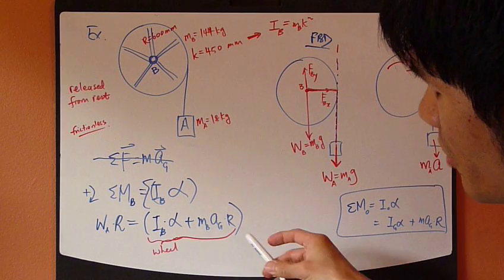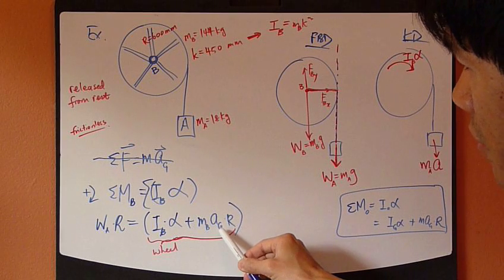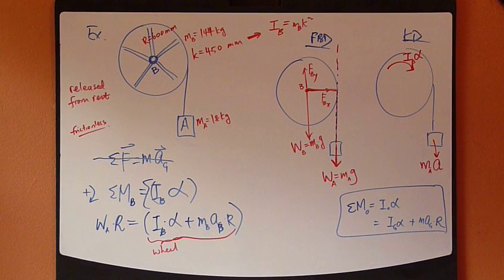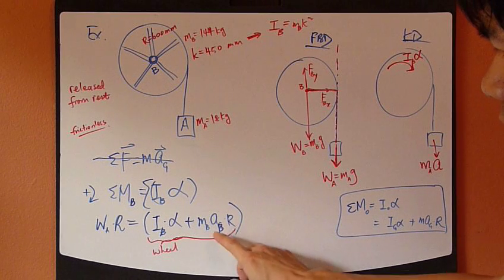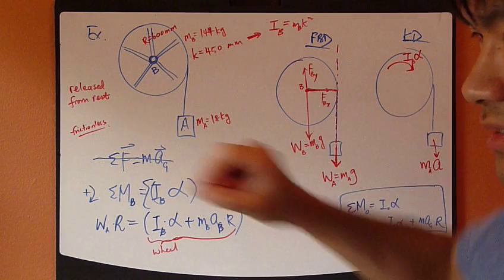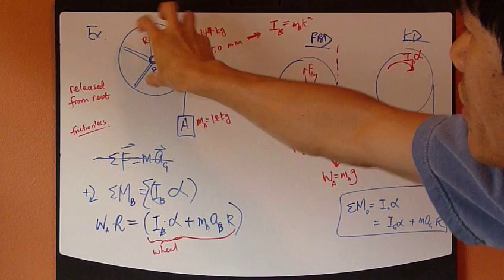However, look at the second term. Second term is the mass of B times a through center of gravity, which is really a at B, times R. What is a at B? Well, point B is not accelerating linearly. The whole thing is spinning.